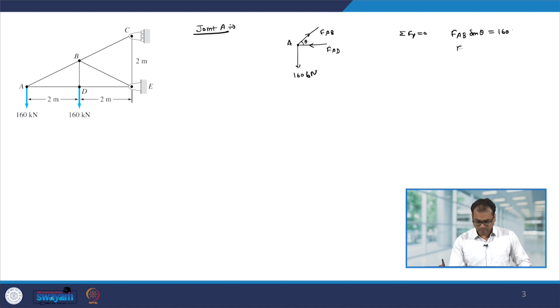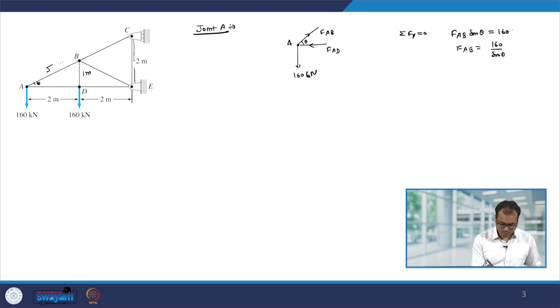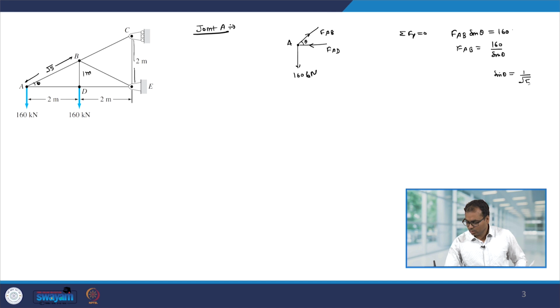Therefore, FAB is 160 over sin theta, and sin theta you can find out because this is 2 meters. So, this will be 1 meter, and therefore this length will be square root 5. So, sin theta will be 1 over square root 5.